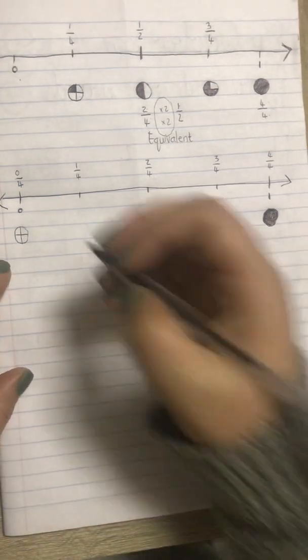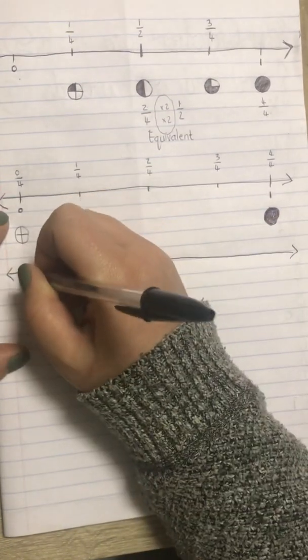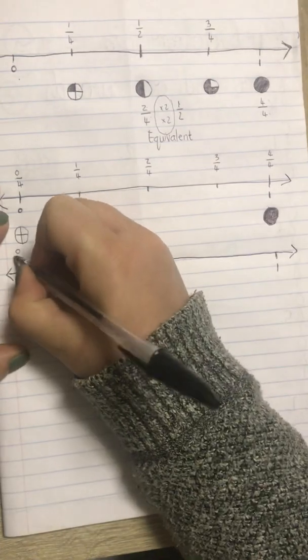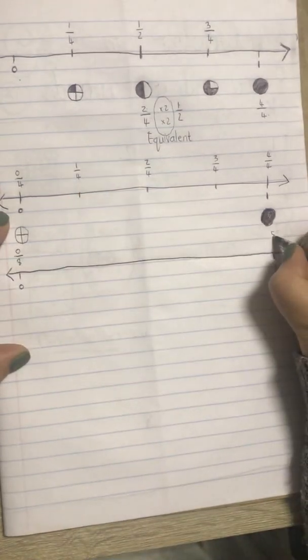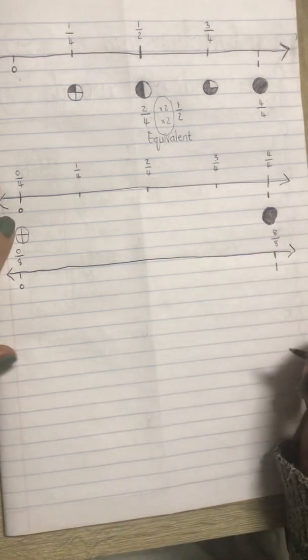Alright, and you can do that with any number. Let's say I asked you to do this with eighths. I said complete this number line by counting in eighths. Fine. You would go, okay, I know 0/8, and I know this will be 8/8 because it's a whole. Now I need to go find the ones in between.